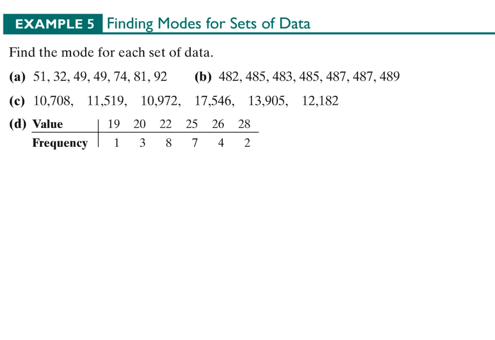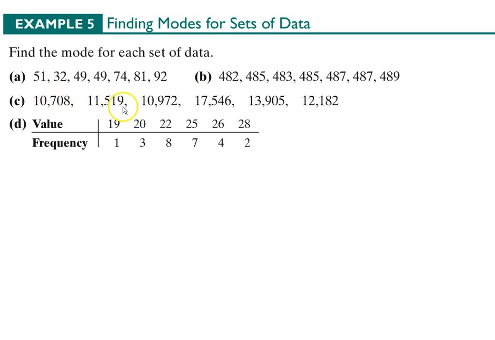Okay, now we're asked to find the modes. And as we look at this, here we see it looks like 49. Here there's an 485, 485, 487. All right, this is bimodal. There are two here.